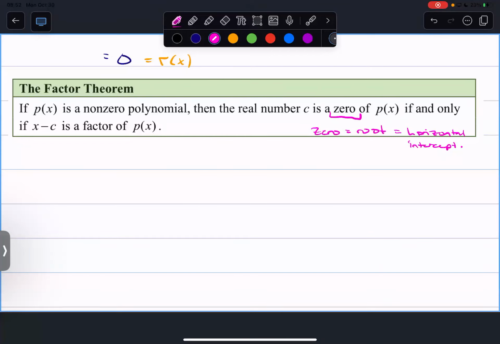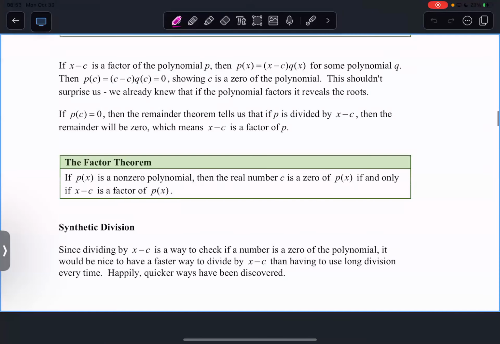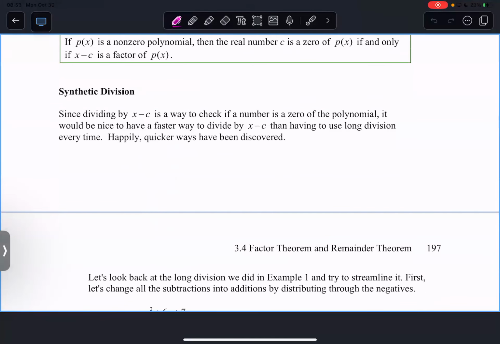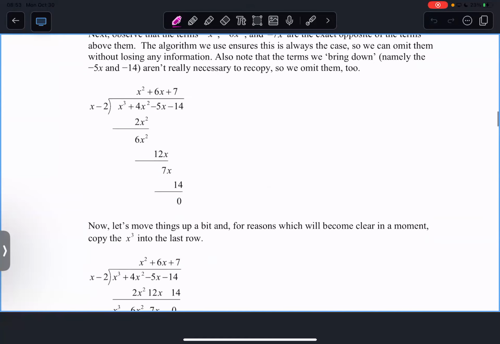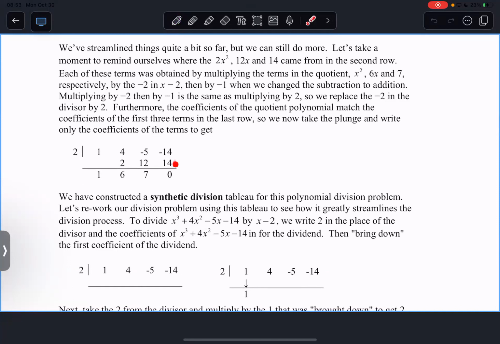Okay. Now, long division is fun, but sneaky sometimes. There is such a thing as synthetic division. And if you want, you can go through and read about synthetic division. They walk you through, and it's just a way of condensing the long division into something like this.